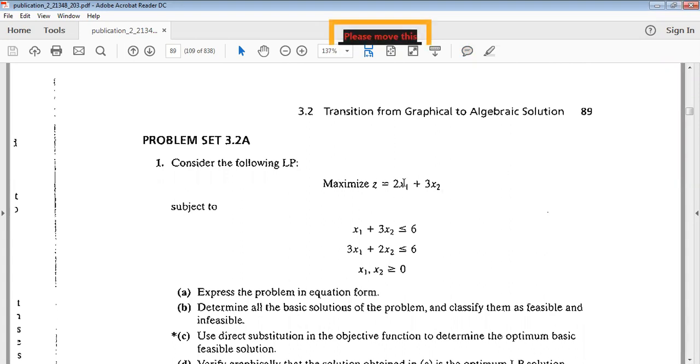So you substitute the 4 points in this particular equation, find out what is the value of Z and where it is maximum, that has to be marked.